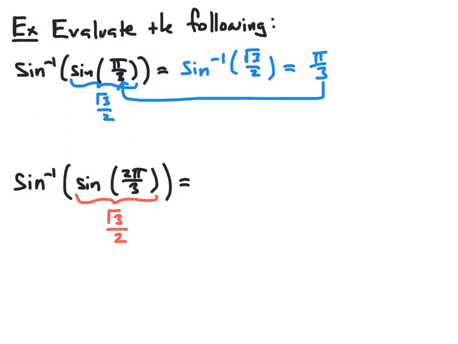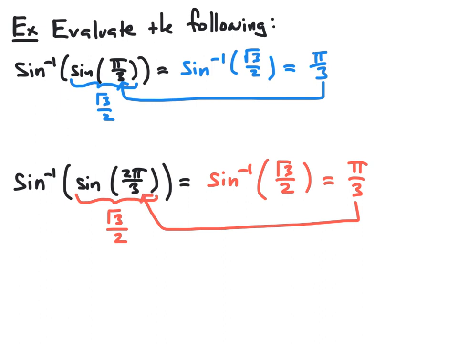So the sine of 2 pi over 3 is also the square root of 3 over 2. And so what we have to compute here in this example as well is the inverse sine of square root of 3 over 2, which is exactly what we just computed in the first part, and this is pi over 3. So notice that this is not the same as the angle that we started with.